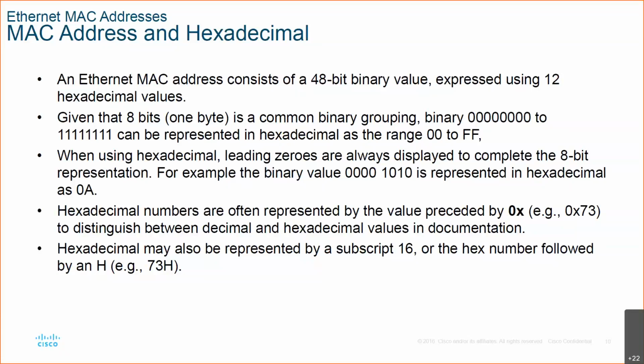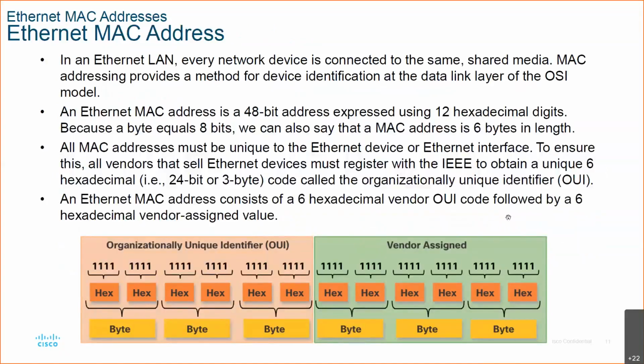Let's look at a little bit more detail. In an Ethernet LAN, every network device has a MAC address. The Ethernet MAC address is 48 bits and uses 12 hexadecimal digits. That would be 1, 2, 3, 4, 5, 6, and 1, 2, 3, 4, 5, 6. 6 plus 6 is 12.